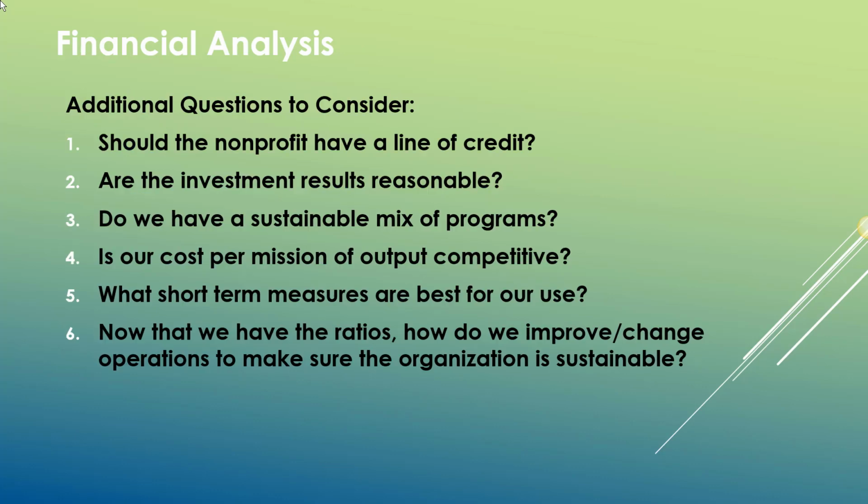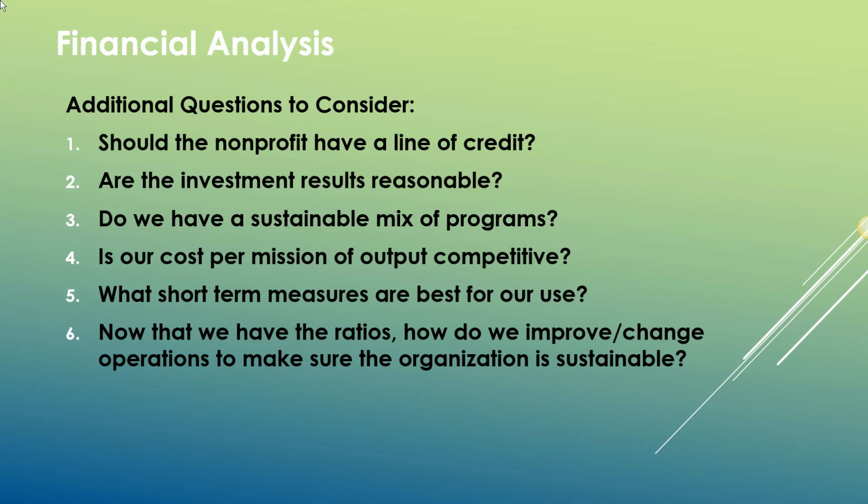There are so many questions that can be had when you are analyzing an organization. And I've just listed a few of these questions. Should the nonprofit have a line of credit? Suppose you do have a nonprofit where they have government contracts, but they're not paying on 30 days. They might be paying in 45 days or 60 days.